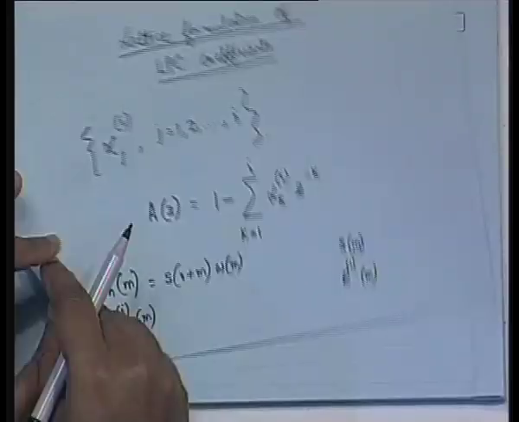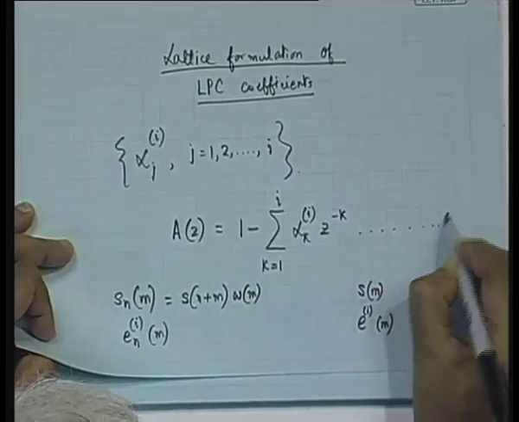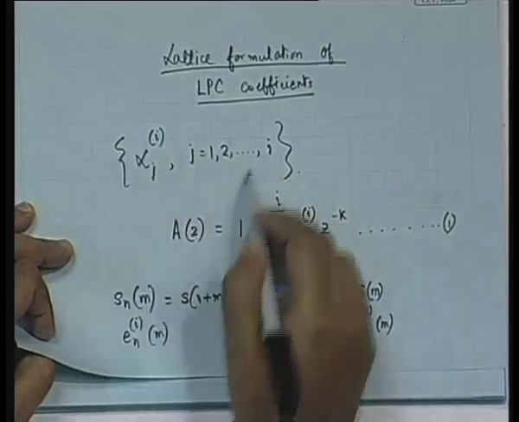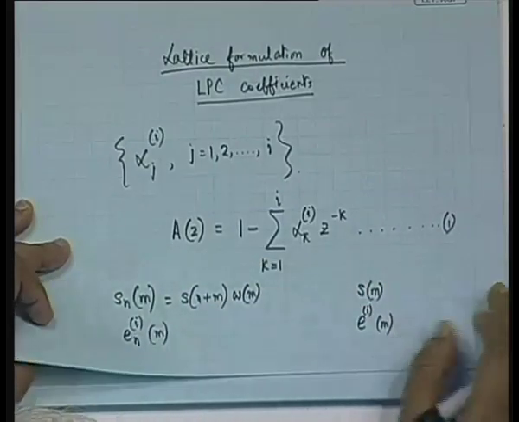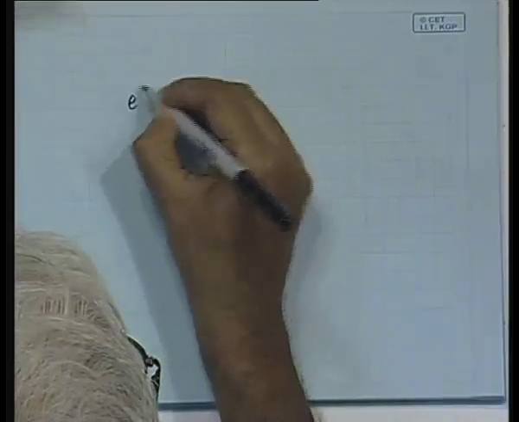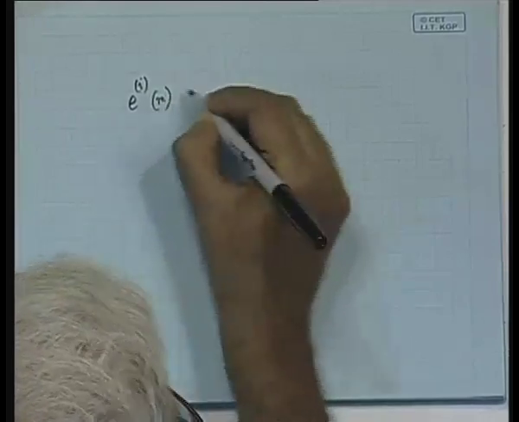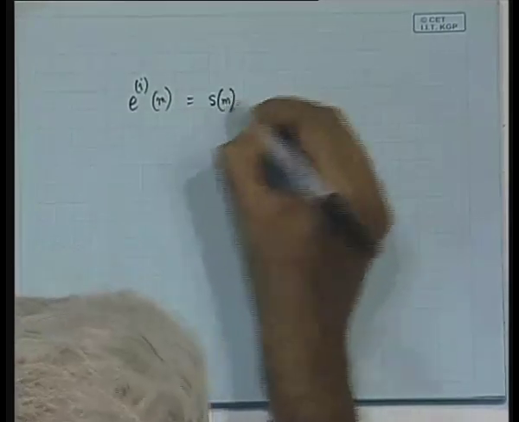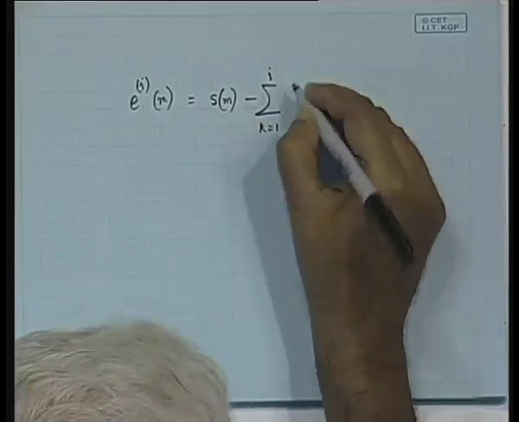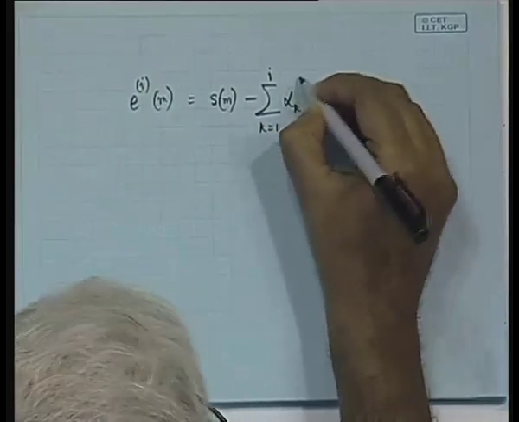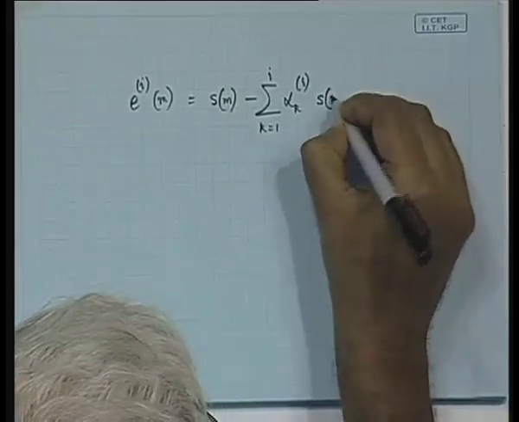Let us number the equations. The filter that we realize out of the predictor coefficients, the Z transform expression of that, we call equation number 1, and as equation number 2 we write the expression for the error term. The error expression e^(i)(m) is written as S(m) minus summation k equal to 1 to i of alpha_k^(i) S(m minus k).